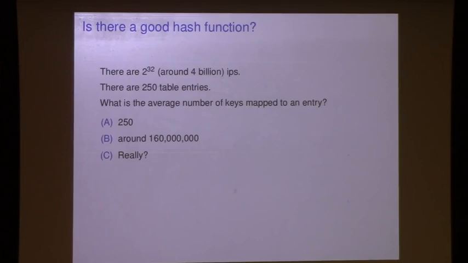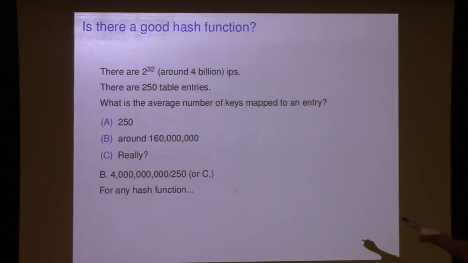That was a joke. But the answer is it's 4 million, right? The average load, if you think about mapping all of these IPs to 250 entries, is this number. There's a 4 and a 250, so you're clearly going to get a 16 somewhere, a 4 and a 1/4 or something. I don't know. It's also, but it's a lot. The point is a lot.